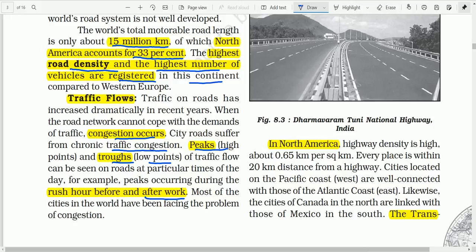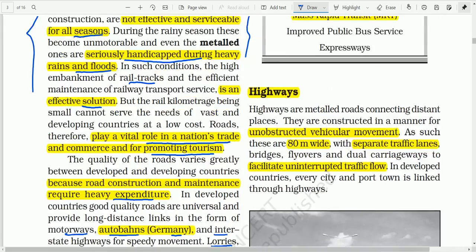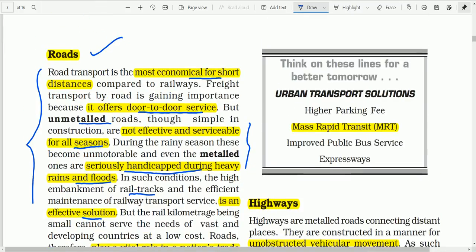And after the office hours also, there may be another peak period. Most cities in the world have been facing this problem of traffic congestion, or traffic jam, as we generally call it. Then what are the solutions?